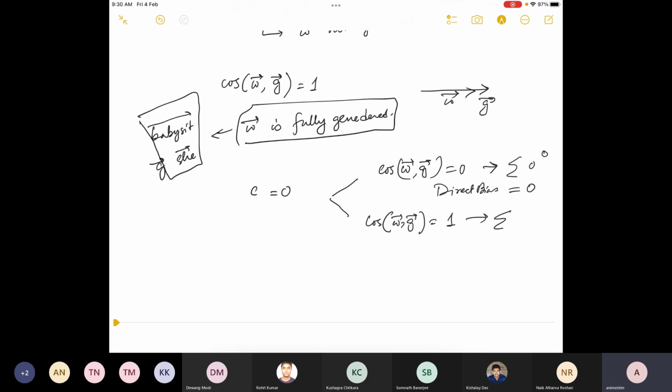And if C is 1, sorry, cos WG is 1, then direct bias is 1. However, you do not have such strict definitions, because a complete no overlap or a complete overlap is usually not observed in real data.